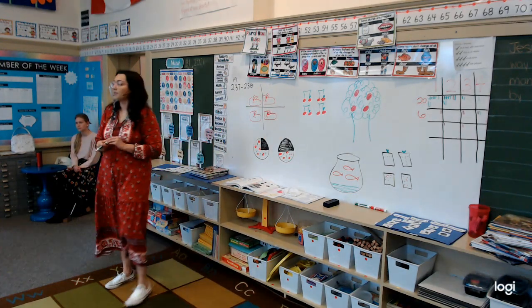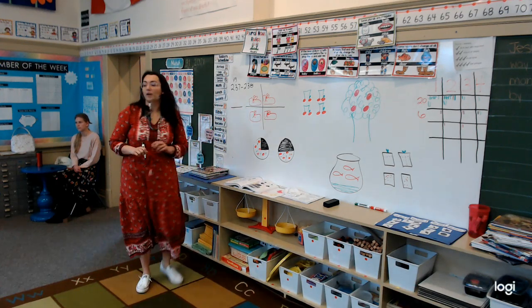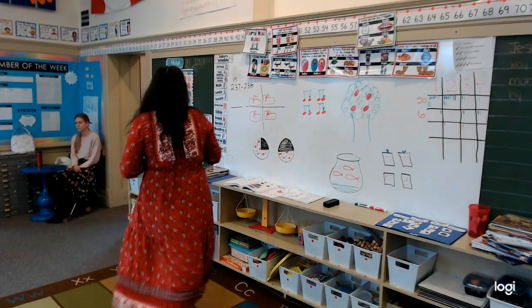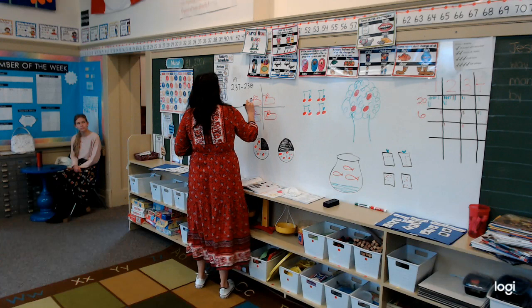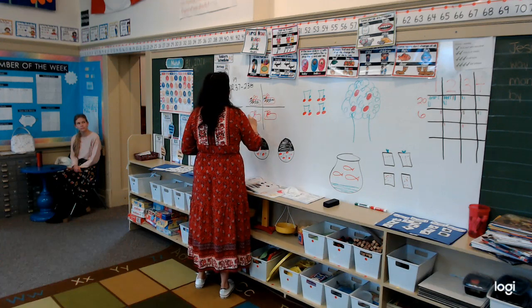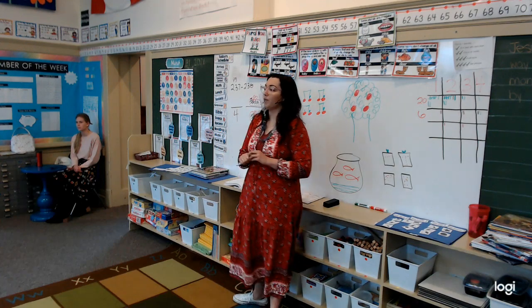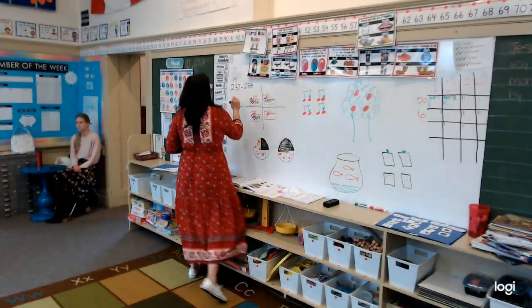What number would go on the bottom when we're talking about fourths? What number would go on top? 3. Yeah, beautiful.